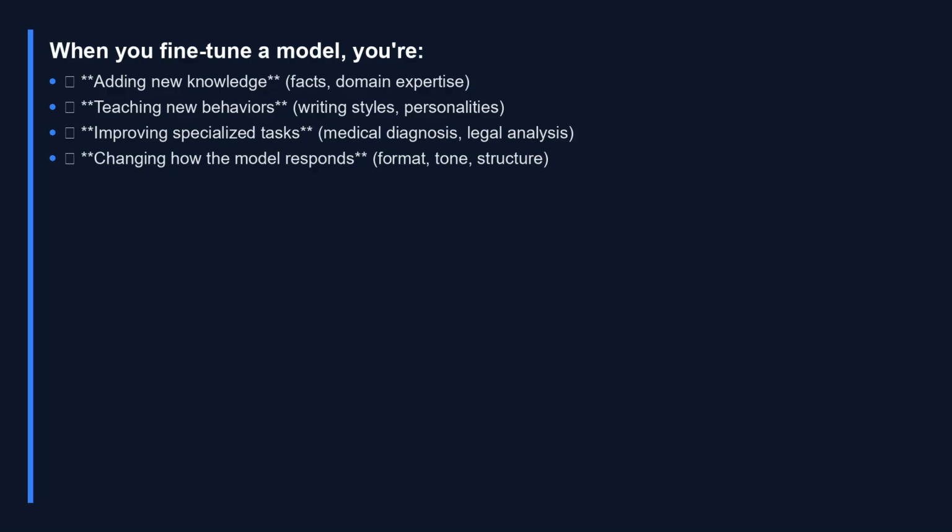You're sharpening performance on specialized tasks, things like medical diagnosis or legal analysis, where the base model is competent but not expert. Or you're changing the shape of responses: the format, the structure, the level of detail. Each of these is a legitimate reason to fine-tune, and we'll see real examples of all four throughout this course.